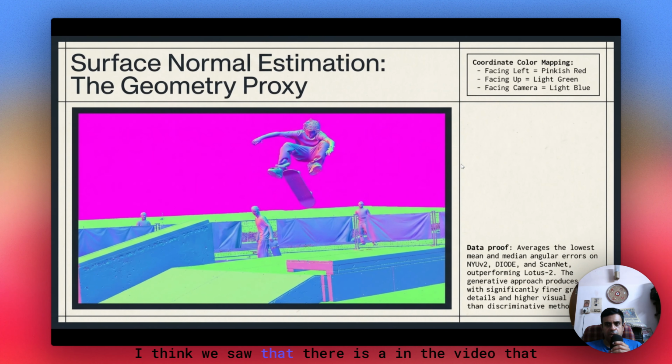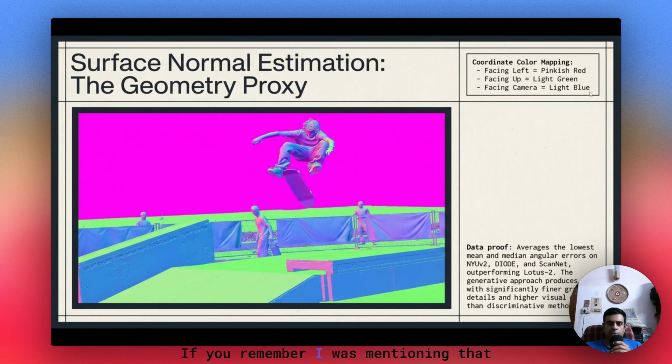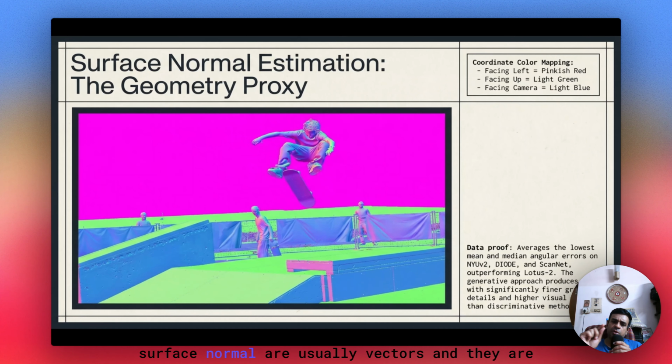I think we saw the color map in the video, right? It started with red at the bottom and then went around like this. So it says facing left is pinkish red, facing up is light green, and facing the camera is light blue. If you remember, I was mentioning that surface normals are usually vectors, and you can take a surface and see what direction those vectors turn in.